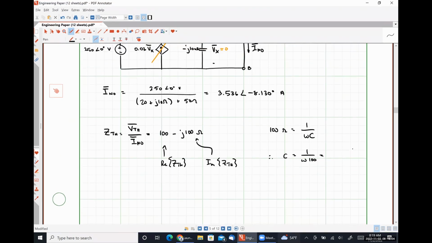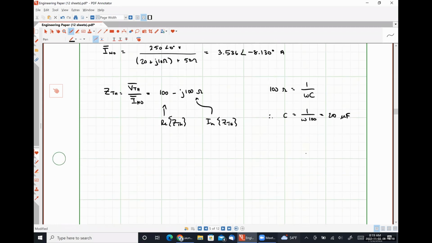So 1 over 500 times 100 is 20 microfarads.